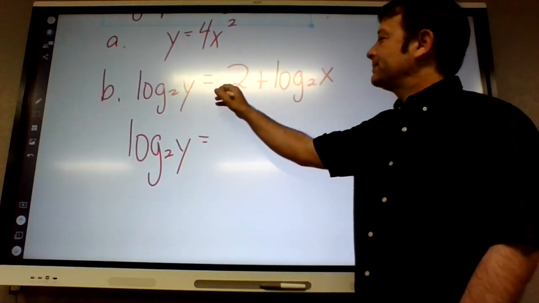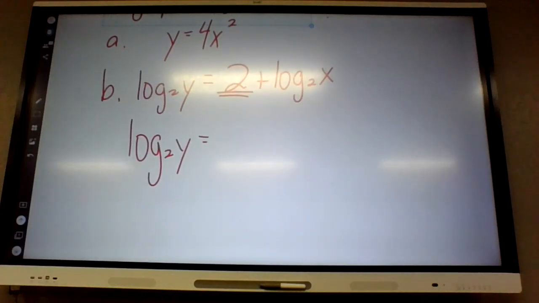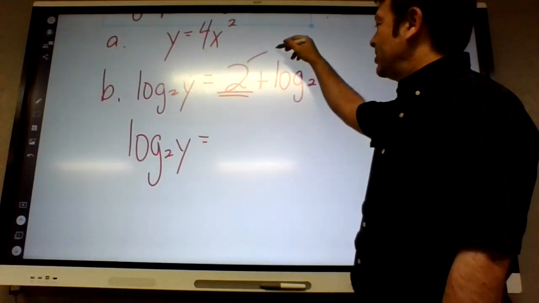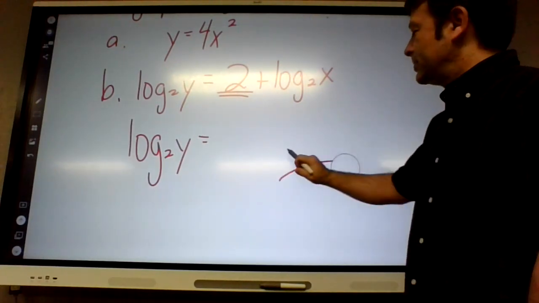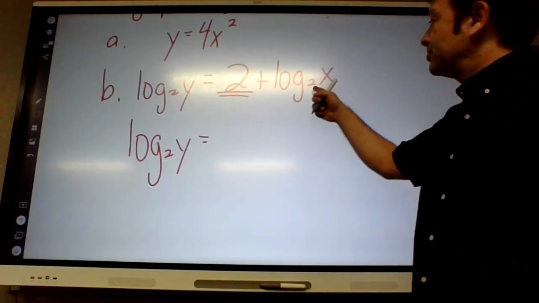Here's the thing. This is tricky. That 2 we can turn into a log so that we can combine these two. Why am I not just putting it up here as an exponent this time? Because it's not a multiply thing. How can I turn 2 into a log base 2?